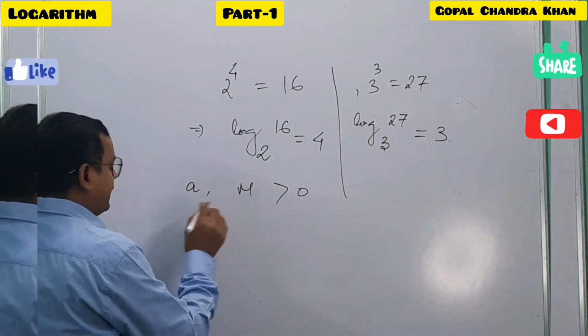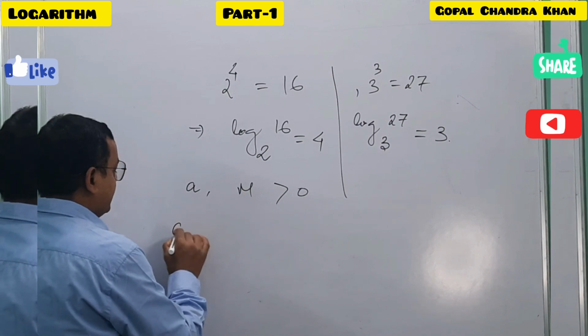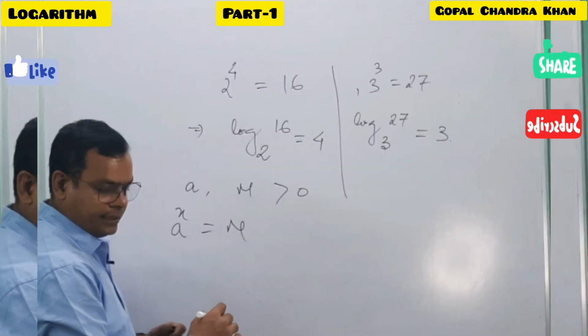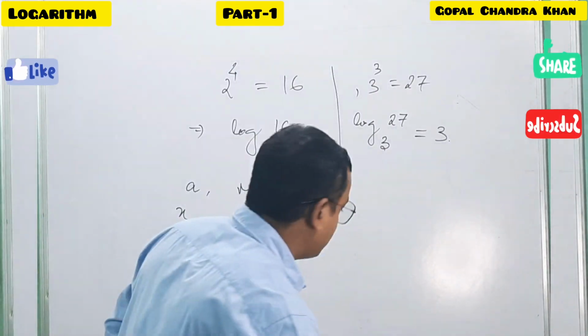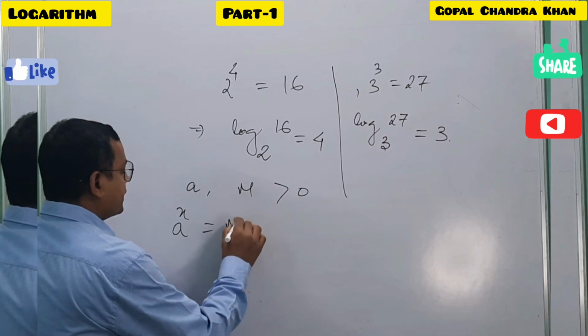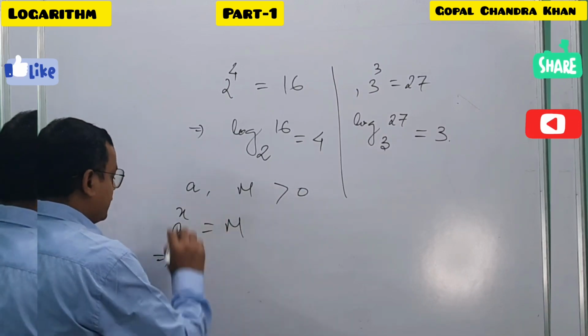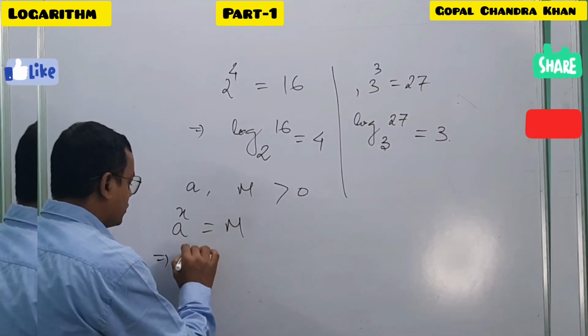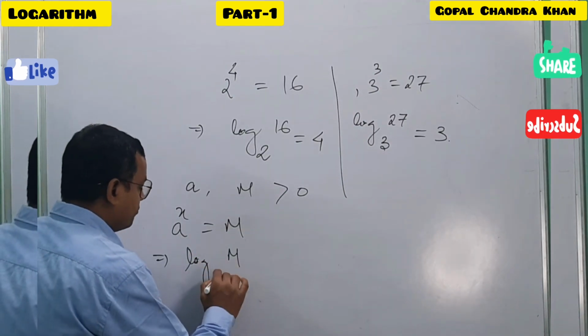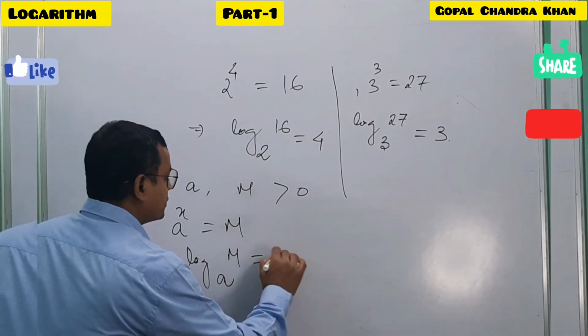And we are getting some x like that: a to the power x equals m, okay? So if we get like that, we can write what? Logarithm, we write in short, log m base a equals x.